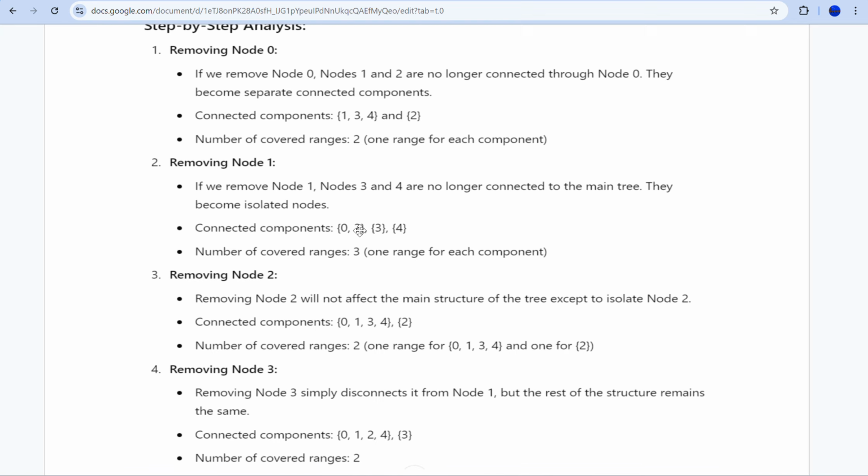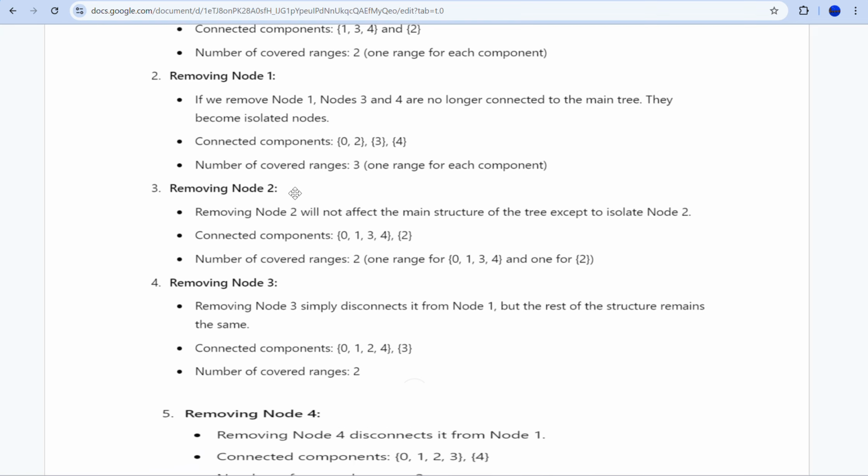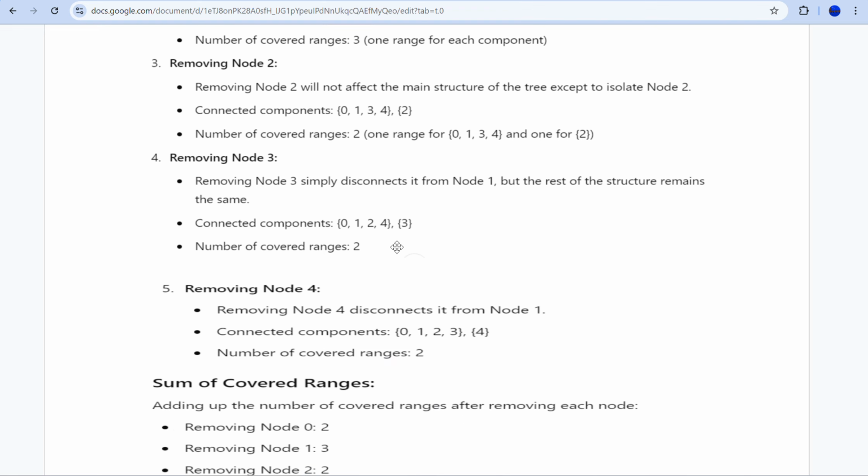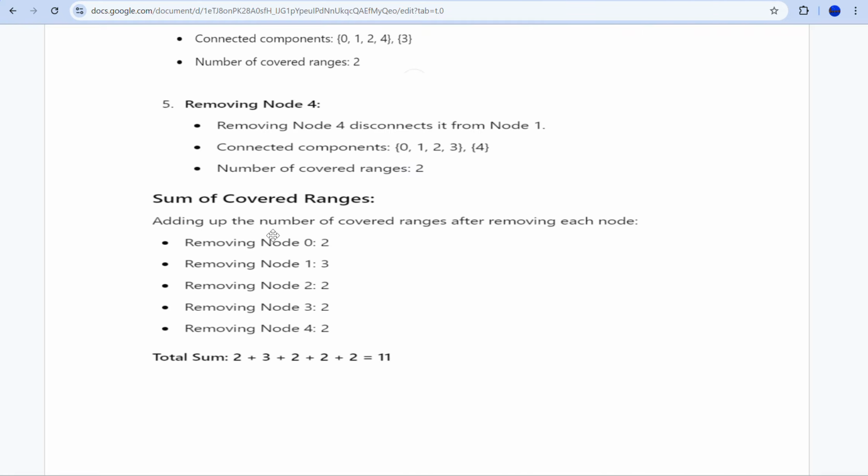If you remove 1, you get 0 2, 3 and 4, so the number of covered ranges is 3. If you remove 2, these are the covered ranges. If you remove 3, these are the covered ranges. That is the problem. By removing 0 1 2 3 4, you have to return the total sum of the covered ranges. This is the second question.